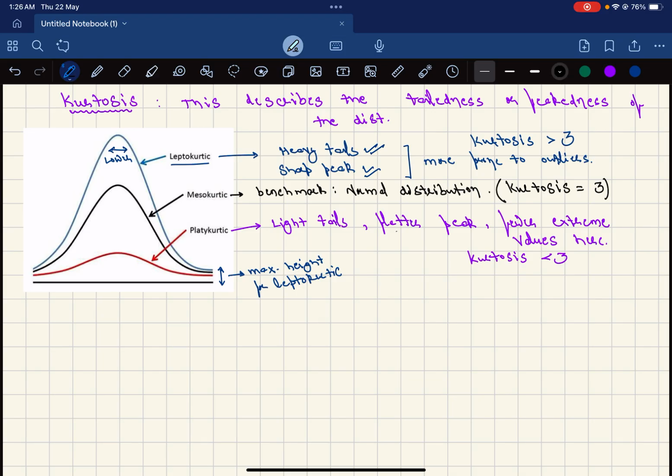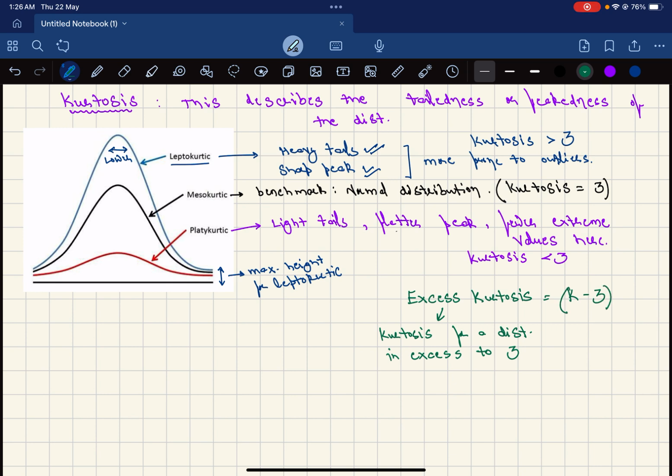Now there is another term which is normally used to denote the kurtosis of a distribution, that is called excess kurtosis. This is nothing but the kurtosis for a distribution in excess of 3, and therefore it is computed as k minus 3.